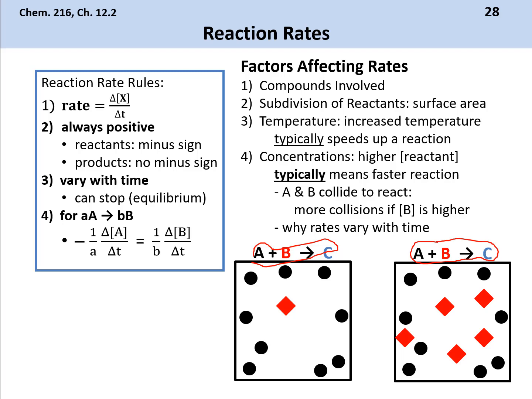In the other, we have 5 B molecules. Notice for a reaction to occur, A and B will have to collide. On the left-hand side, that only happens every once in a while. But on the right-hand side, that's going to happen more often. So the higher the concentration of reactants, the faster the reaction.